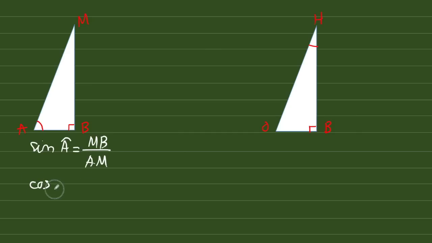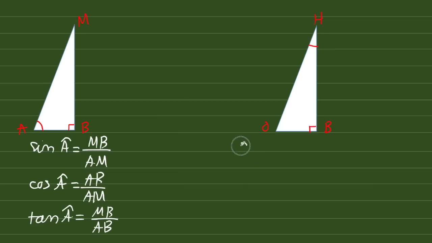Cos A is adjacent divided by hypotenuse. Adjacent is AB, hypotenuse is AM. And the last one, tan A: opposite is MB divided by adjacent AB.